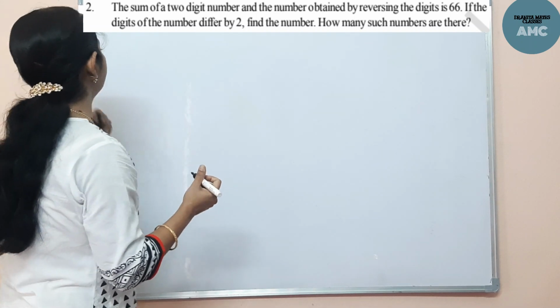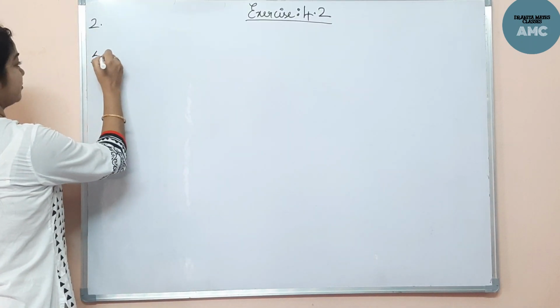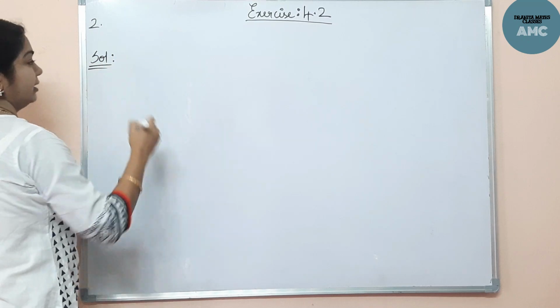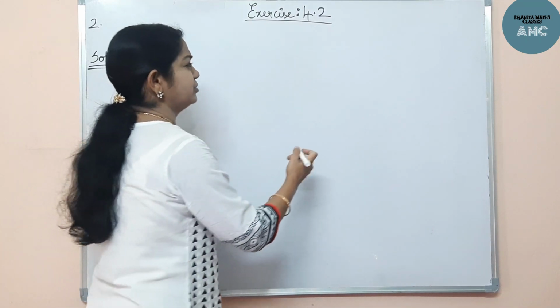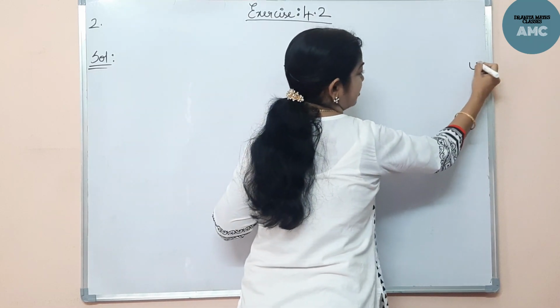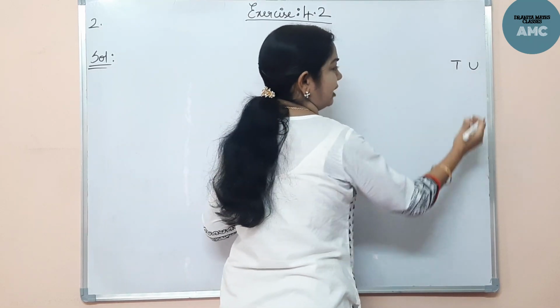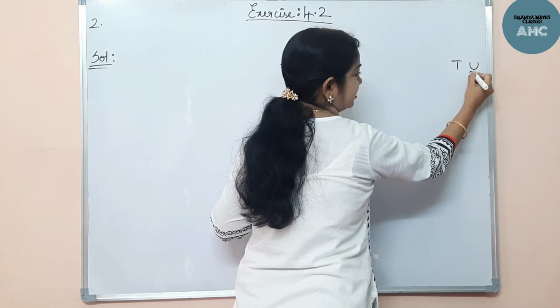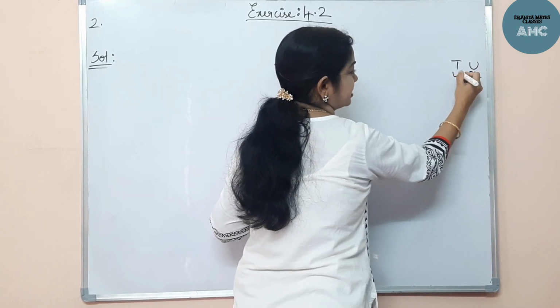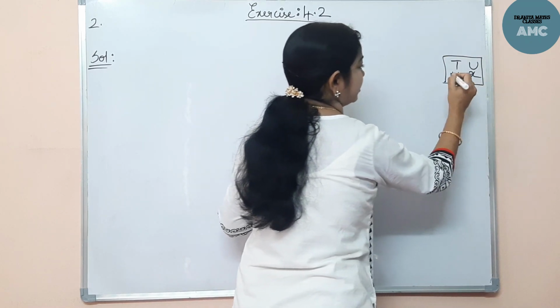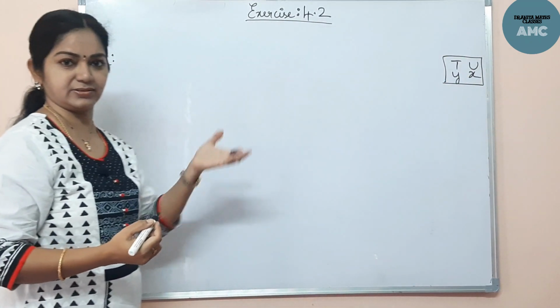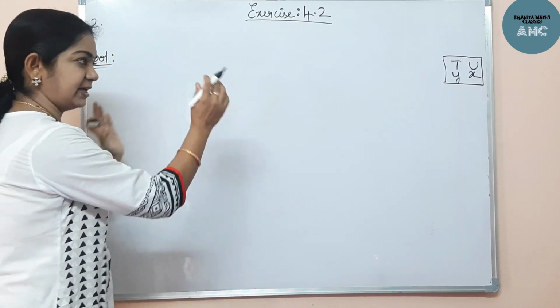Now let's see the second one, solution. Here let that 2-digit number, that means it is having in its units place, or ones place, tens place, like this. I will suppose in units place it is x, and in the tens place let it be y. Okay, units or ones place, right? My 2-digit number is y and x, yx, just place beside.